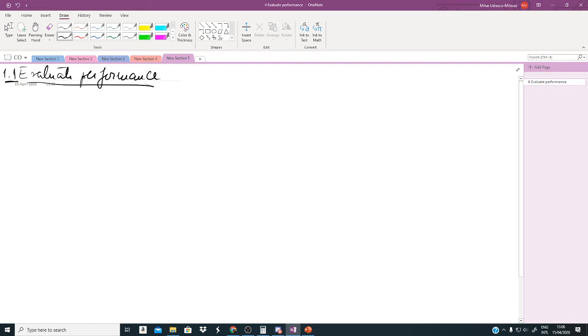Now, there are two aspects to be taken into consideration. So it's 2.1. There are two aspects to be taken into consideration. The first aspect is regarding what we measure, and to this end, the answer is we measure time. So, what we measure?